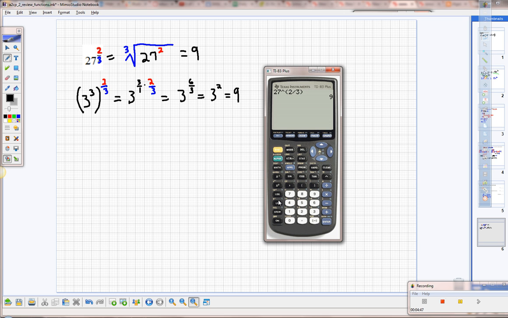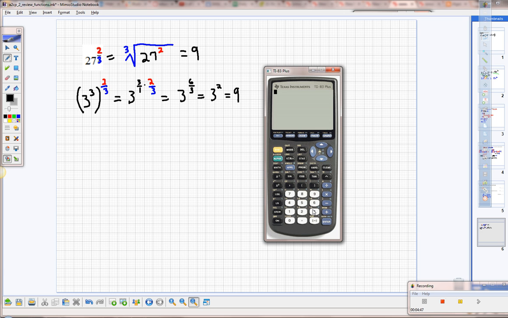You could also do the cubed root. Now, in order to do the cubed root, you need to use the math button. You can see that there is a cubed root button there at 4. Okay, you can take the xth root if you want to. In order to take that xth root, let me go ahead and go back to the home screen. You have to enter your root first.